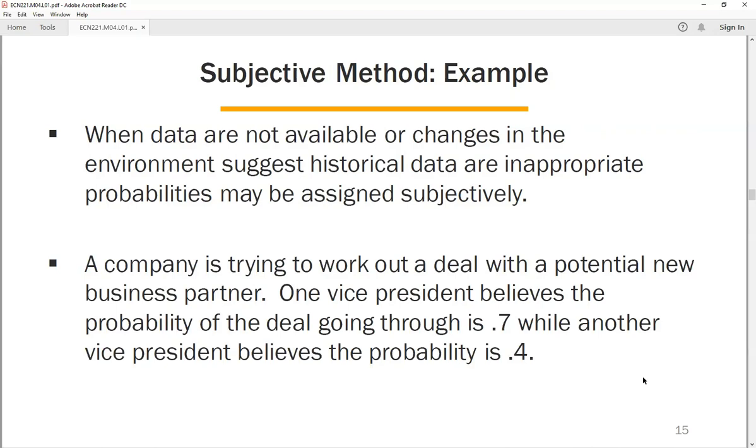In that scenario, one executive with the company, say one vice president, might believe that the probability of the deal going through is 0.7, and another vice president believes that the probability is 0.4. We don't have any data to look at to assess whether one of these is, in some sense, more accurate or a better assignment of probability than the other. We're just going on the judgment of these 2 different vice presidents.